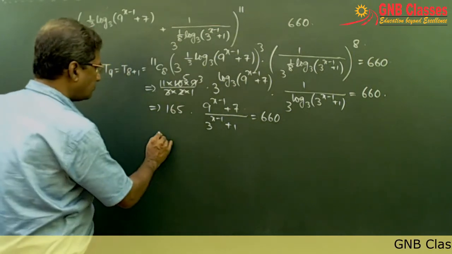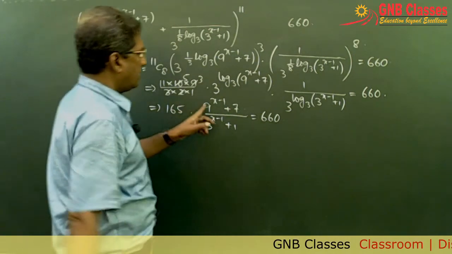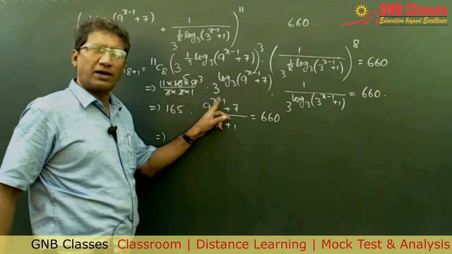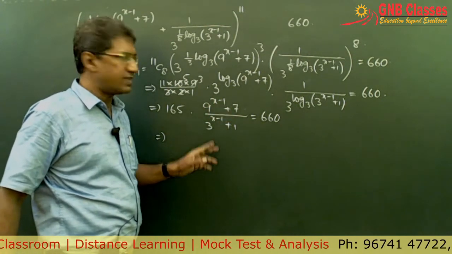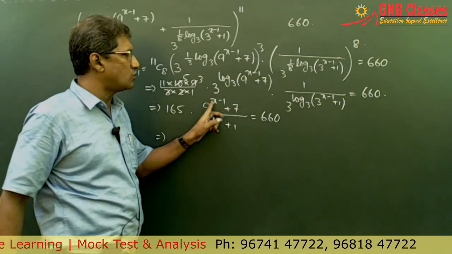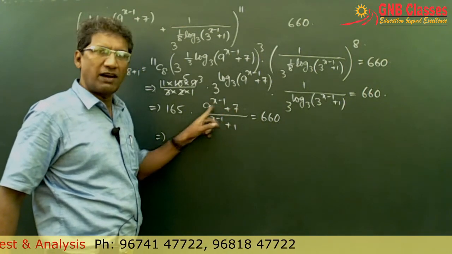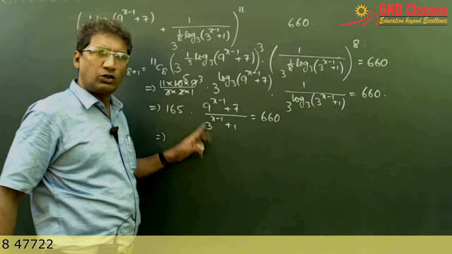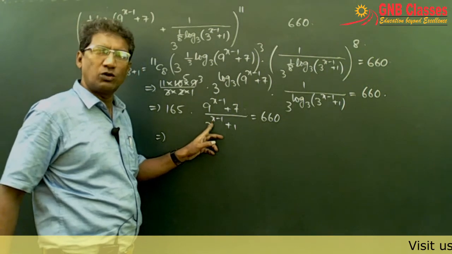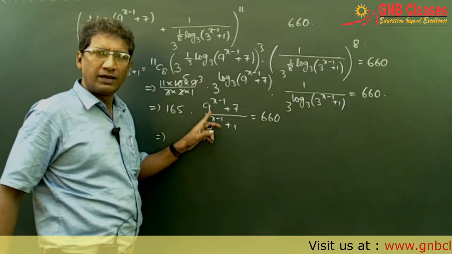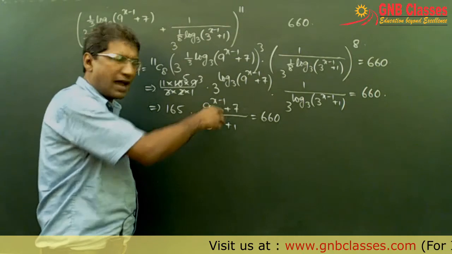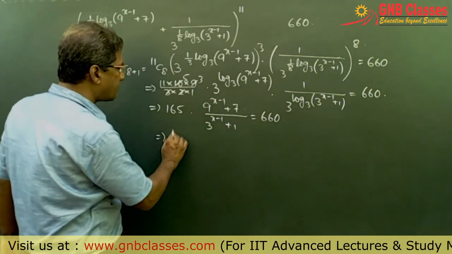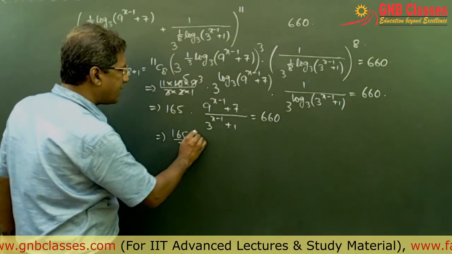Now, 9 to the power x minus 1 is there, so I can write this thing as 9 to the power x divided by 9, and if we take the LCM, so in the numerator we are going to get 9 to the power x plus 63 divided by 9. Similarly, for the denominator, if we go for 3 to the power x by 3, and if we take the LCM, we are going to get 3 to the power x plus 3 divided by 3. Okay, and then that 3 and 9 will get cancelled, so it will be divided by 3 only. So it is 165 divided by 3.